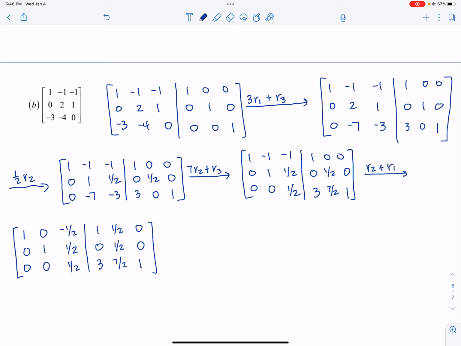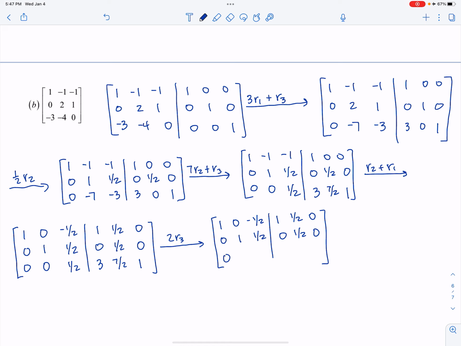And then multiply row 3 by 2. 1, 0, negative 1 half, 1, 1 half, 0, 0, 1, 1 half, 0, 1 half, 0, 0, 0, 1, 6, 7, 2.